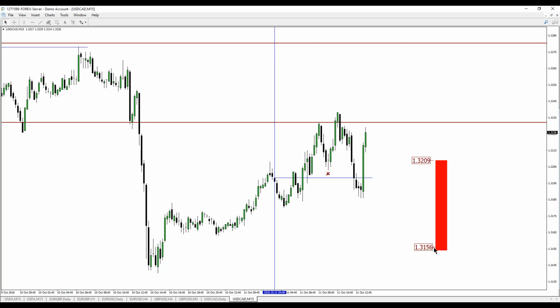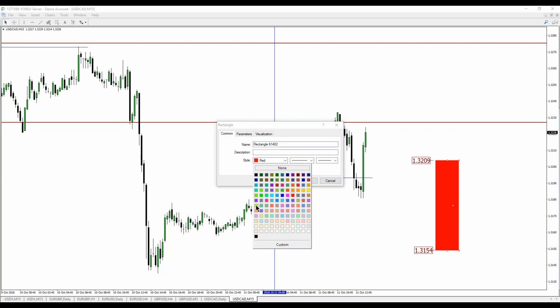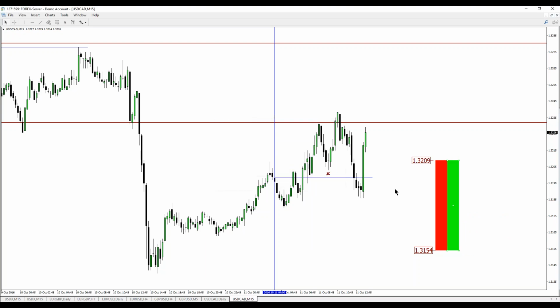If we have a range, and it doesn't matter what the range is, but say we've defined the range where price has shown a really one-sided delivery of going lower. We saw price trade lower, going down. If price drops between the range of 132.09 to 131.54, now I'm giving you this as an example.